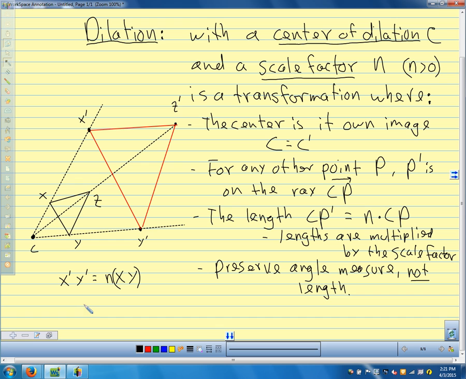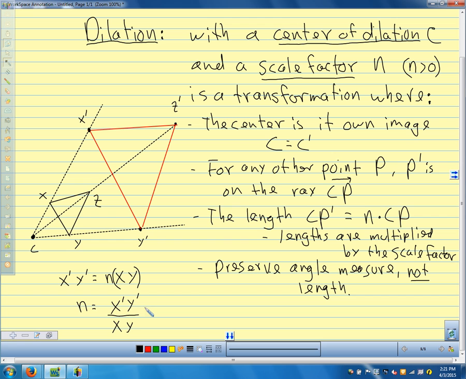So we can find the scale factor by taking a length on the image and dividing it by the length on the pre-image. When we're doing this, we always put the image length on top.